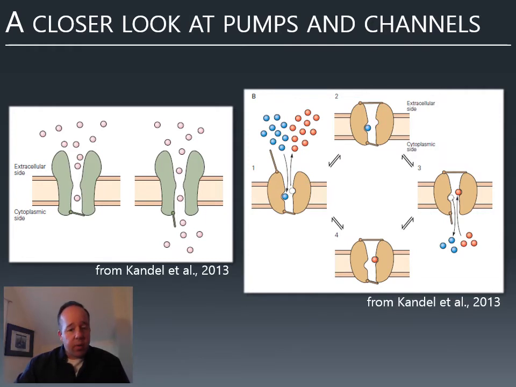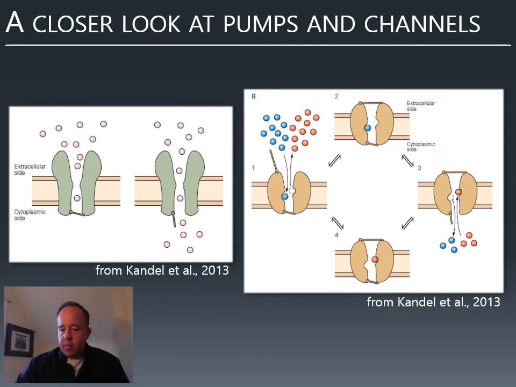If you didn't have the pump, after a long, long time, sodium and potassium would equalize between the inside and the outside. But because you're using up energy and you're using this pump to keep those concentration gradients the way they are, you're keeping sodium concentrated outside, you're keeping potassium concentrated inside.